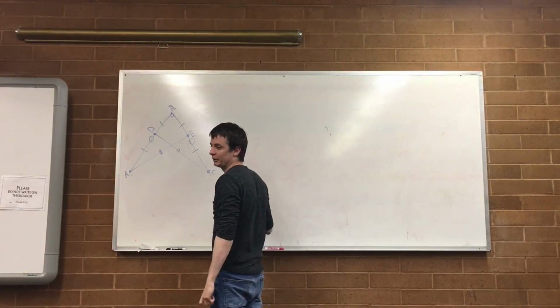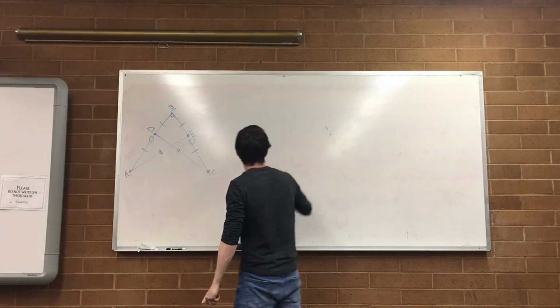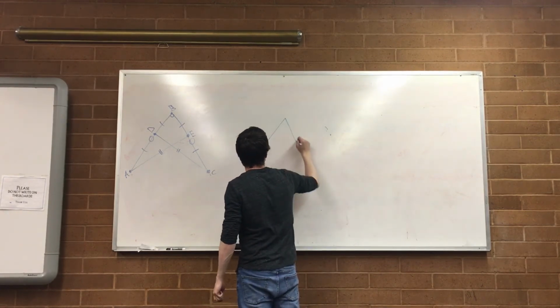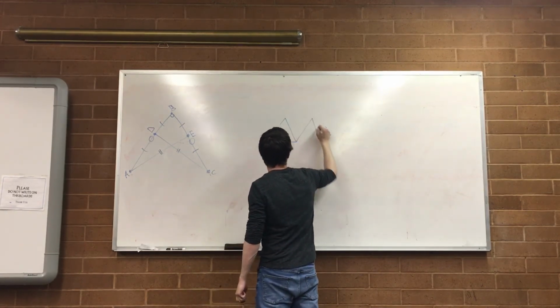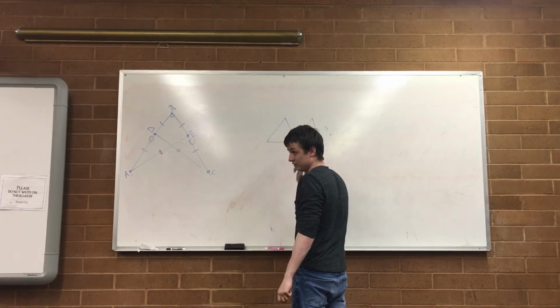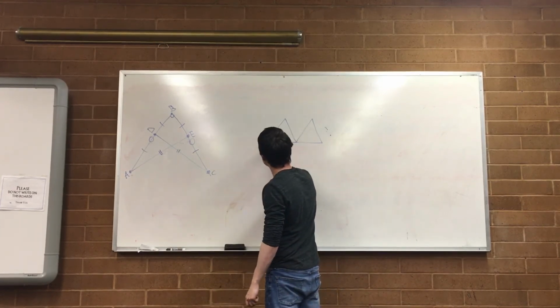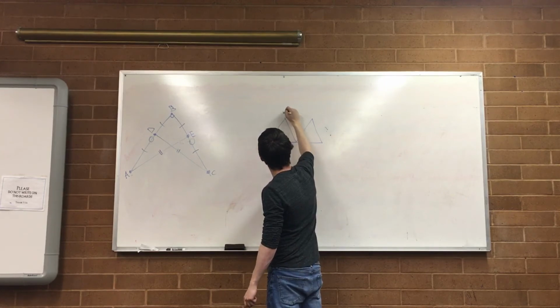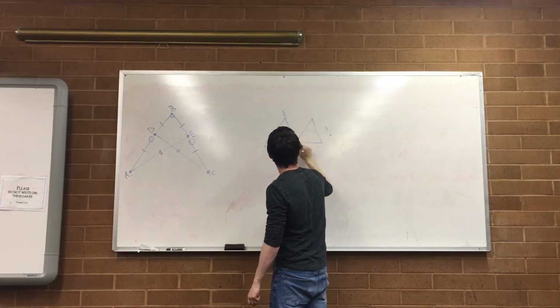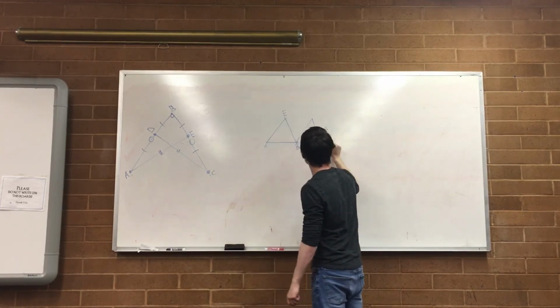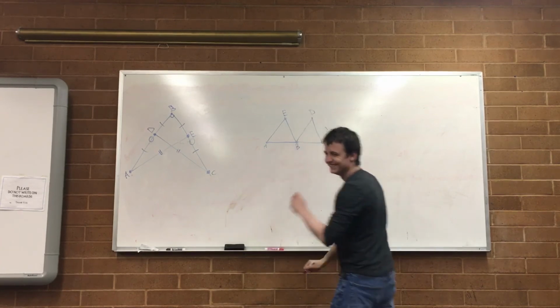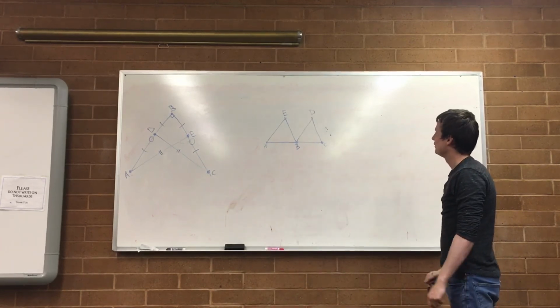Number 8. Tell me what to draw. Two triangles. It goes A, E, B, C, D. Alright, and what do we know?